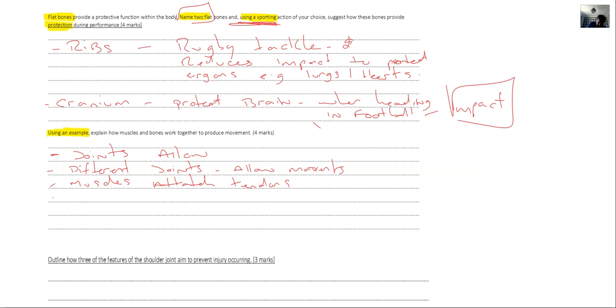Okay, you are then going to say to produce movement, muscle contracts. And this pulls on the bone. Pulls on bone. And I'll just put it over here. Movement is produced.